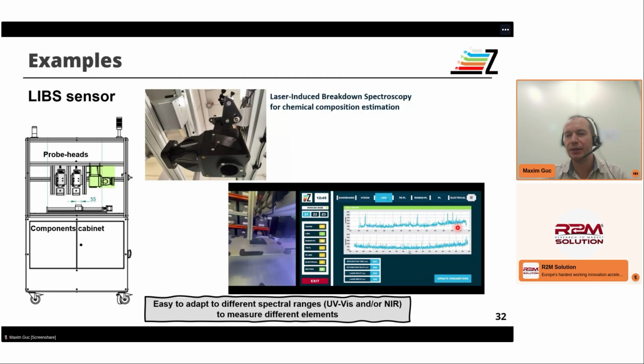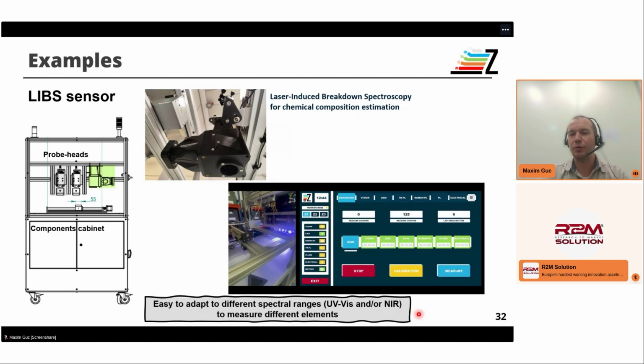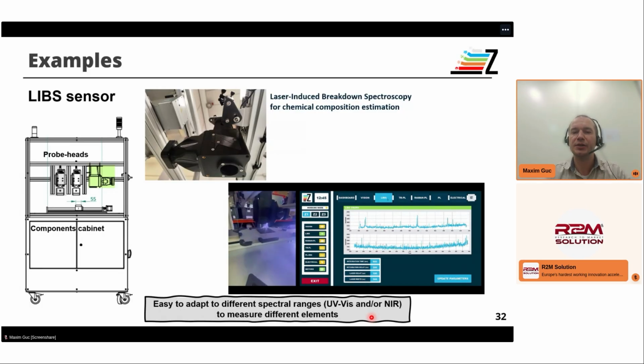So we are detecting directly the different elements that constitute our layer. And this is also quite flexible, in that we can adapt it to different spectral ranges. So it means that we can detect different elements depending on which kind of samples or materials we need to analyze in different production steps.